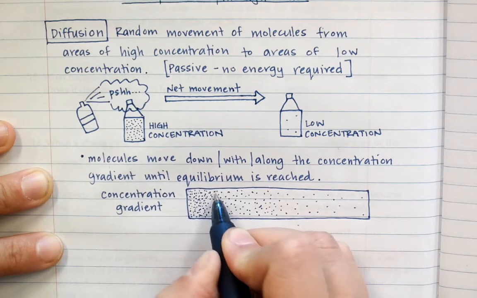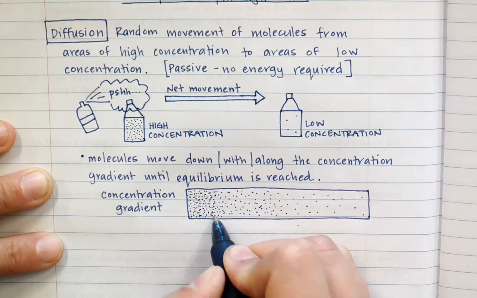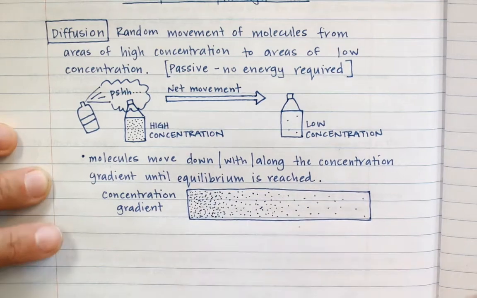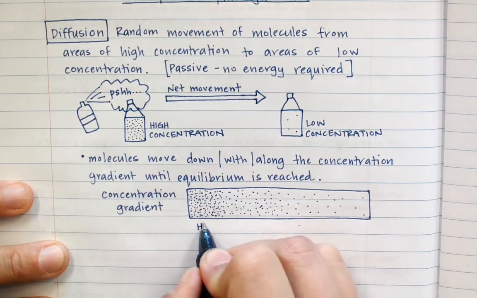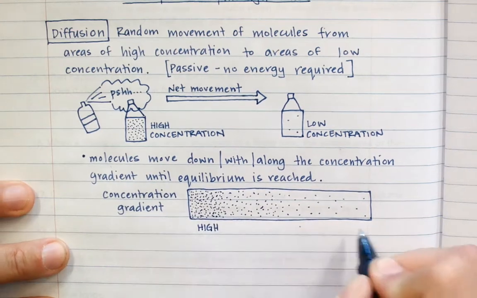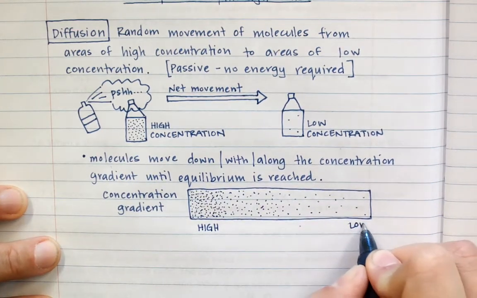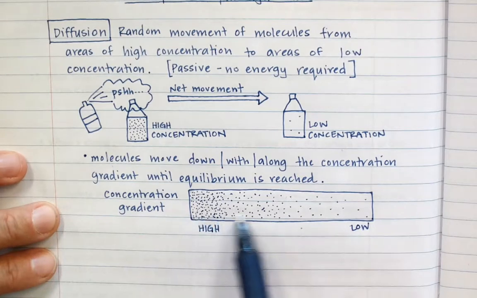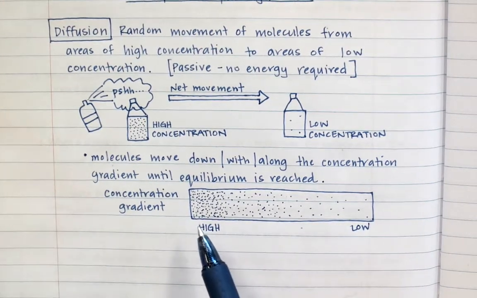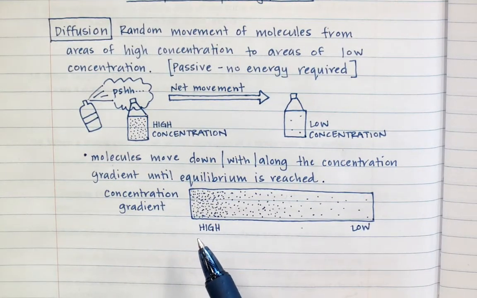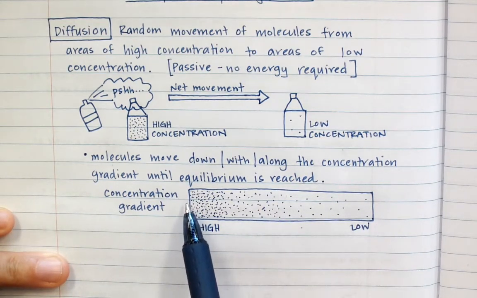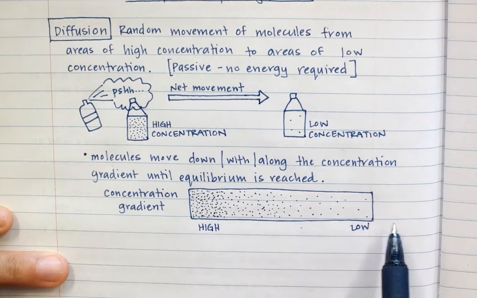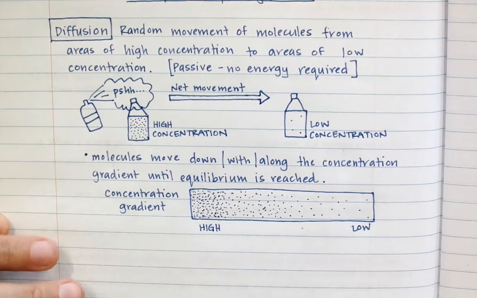The more I add, the higher the concentration is, and the more variation that I have. So this is my area of high concentration, and this is my area of low concentration. And that's a gradient. So it's sort of like when you make your hair ombre and it goes from one color to the next, or in this case, it goes from high concentration to low concentration.